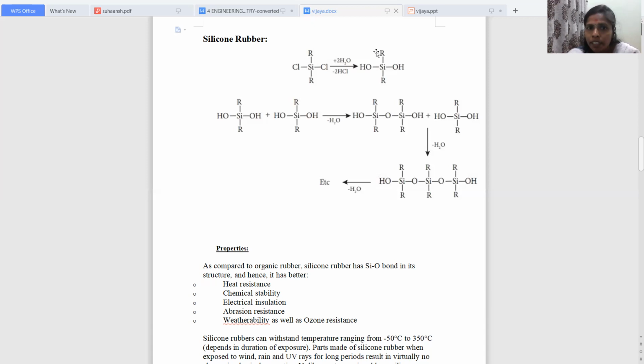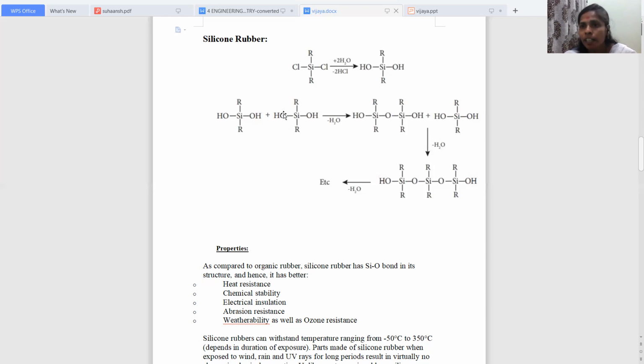Now this is repeated n number of times to synthesize the silicone rubber. Here I have mentioned the stepwise process. Initially only two, then these two react with another, and these three react with one more, like that. When these two react with each other, it undergoes a condensation reaction.